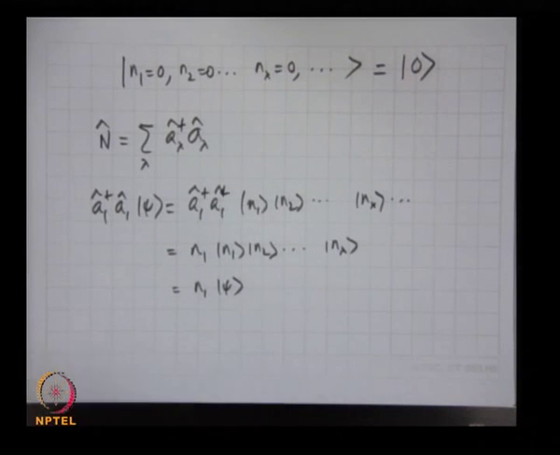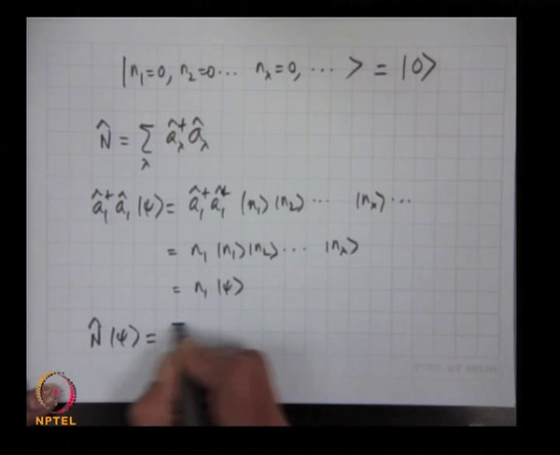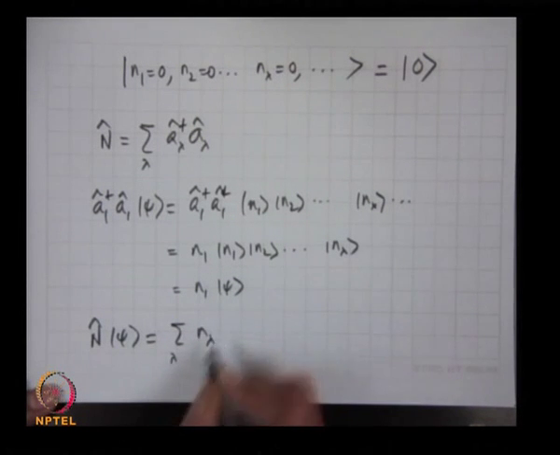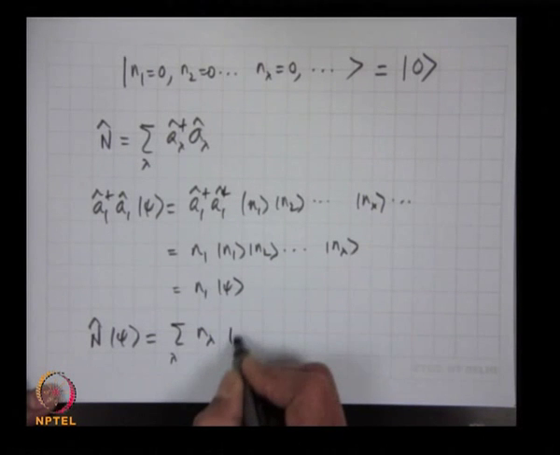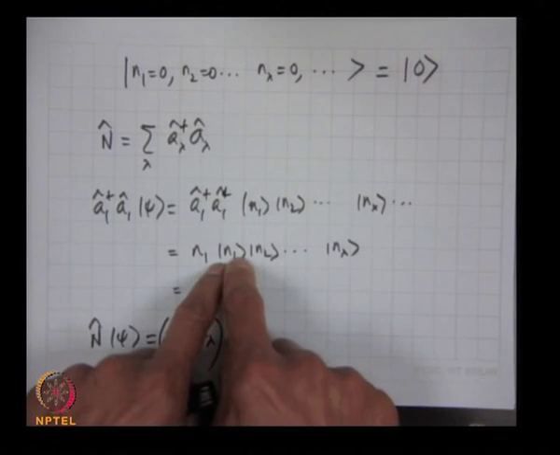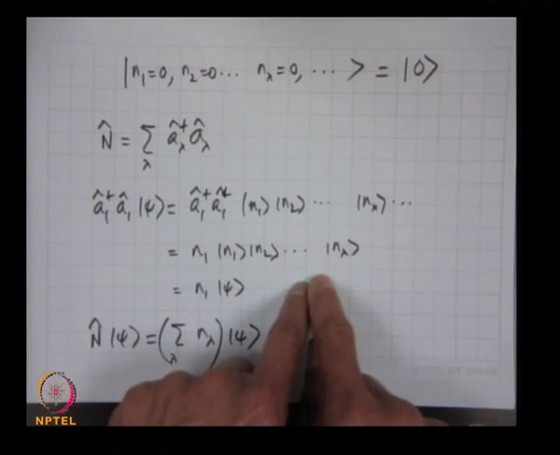Similarly, it will operate on its respective ket. Correct. So what will be the total? The summation, because A1 dagger A1 will operate on the n1 ket, A2 dagger A2 will operate on the n2 ket, A3 dagger A3 will operate on the n3 ket.